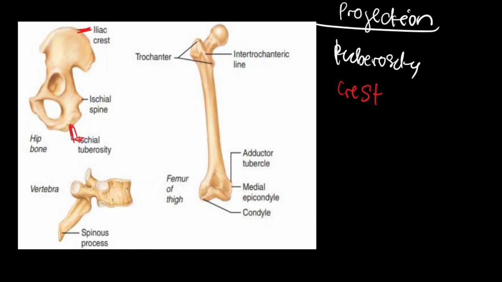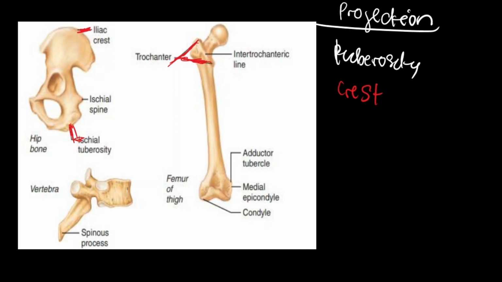Then we have the trochanter. The trochanter that we have here is on the femur. Some of these words are actually used interchangeably, so sometimes tuberosity is interchanged with tubercle. However, the trochanter of the femur is constant. The trochanter is never actually replaced with a tuberosity.